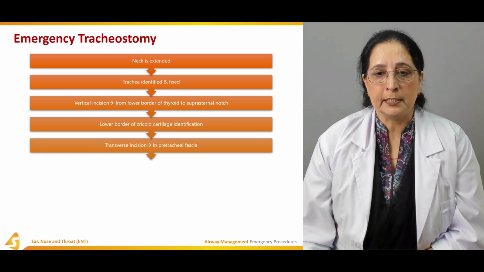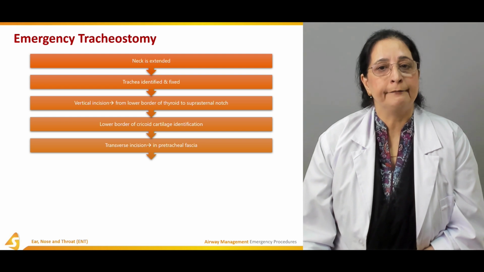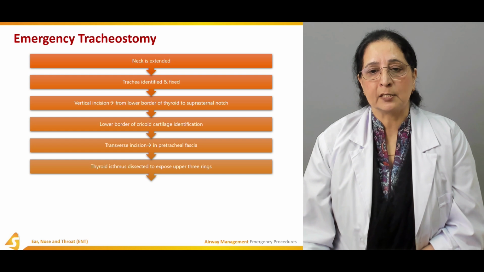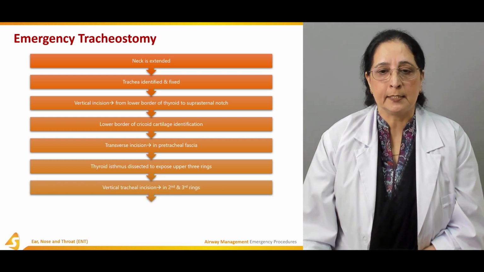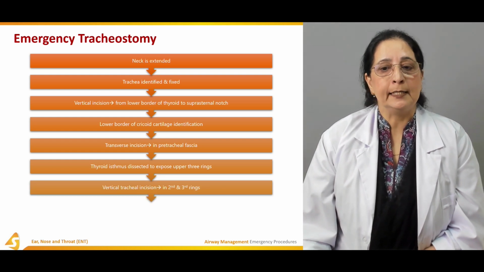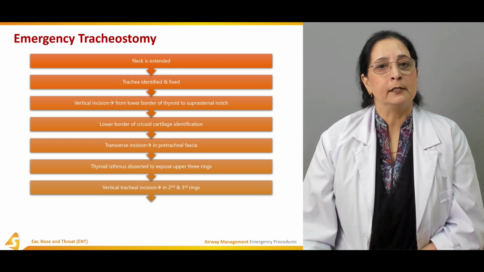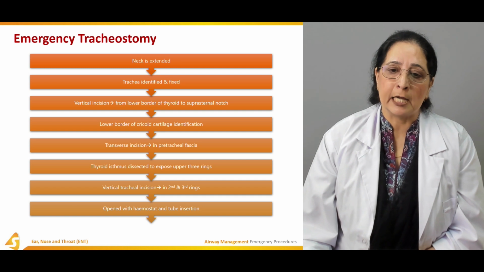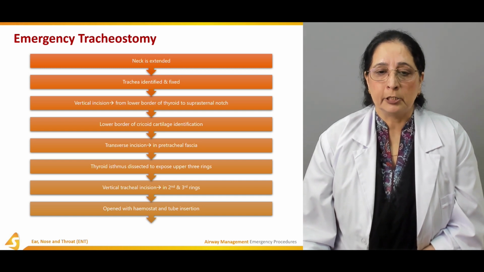A transverse incision is given in the pretracheal fascia. The thyroid isthmus is dissected to expose the upper 3 rings. A vertical tracheal incision in the second and third ring is given. It is opened with a hemostat and tube insertion is done.